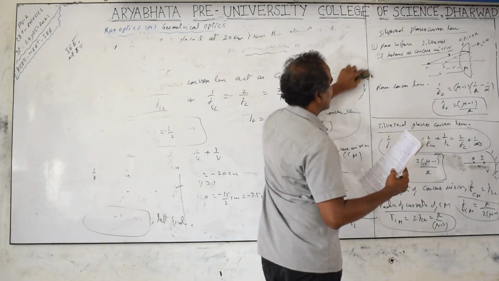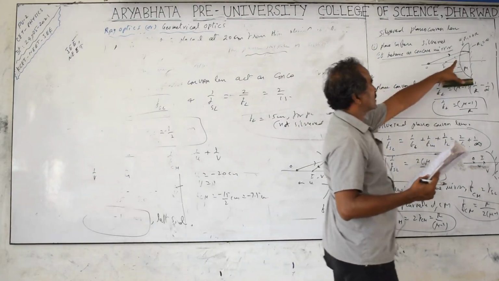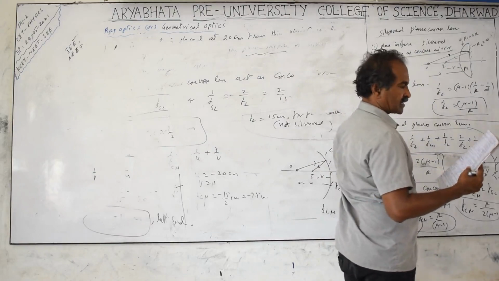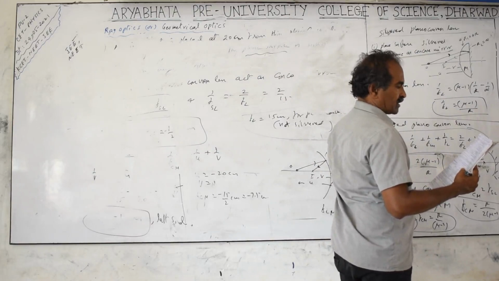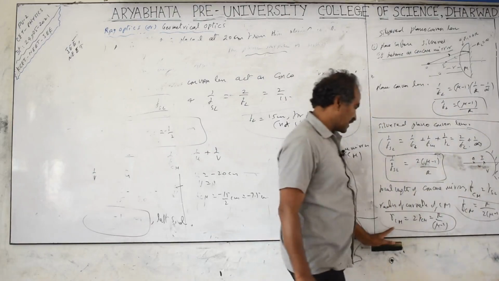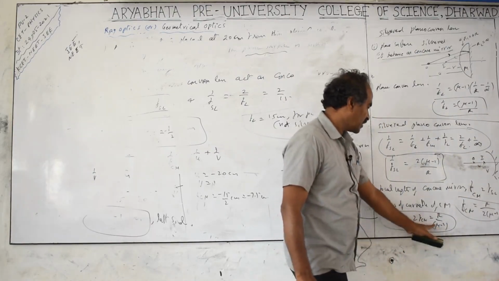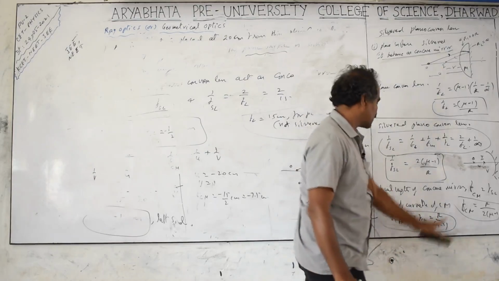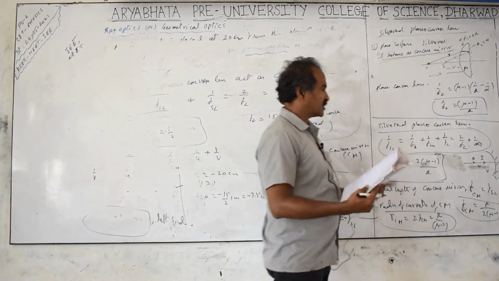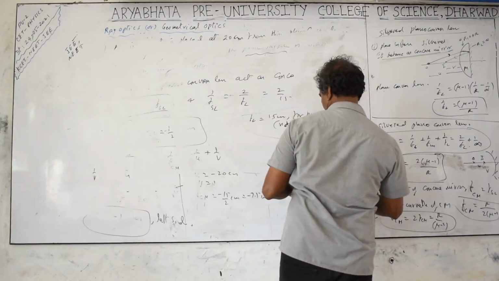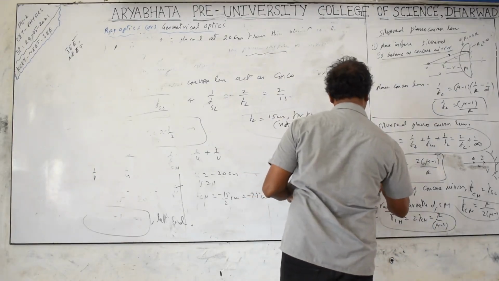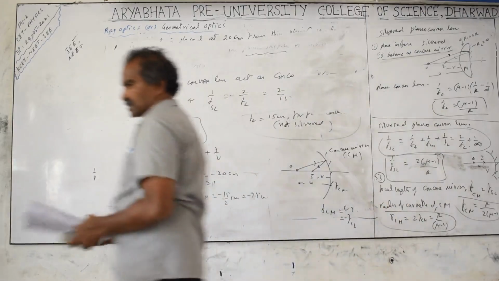So small r is given as the radius of curvature of the curved surface, and they asked what is the radius of curvature of the concave mirror. So this becomes equal to small r by mu minus 1. The capital R is replaced with the small r. That is the answer for question number 53. Let me check that.